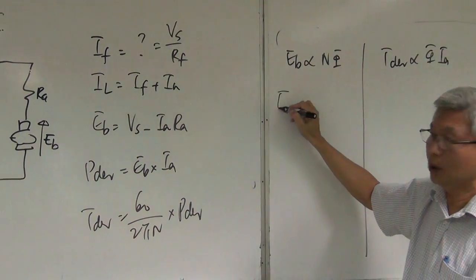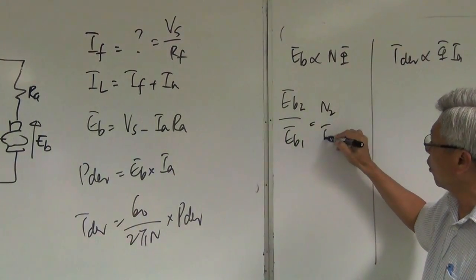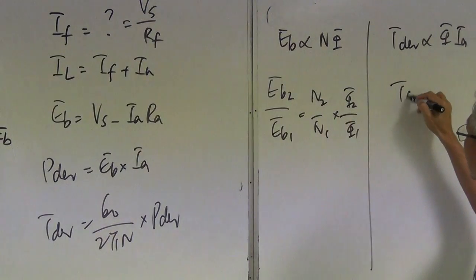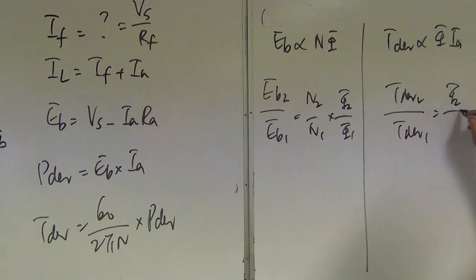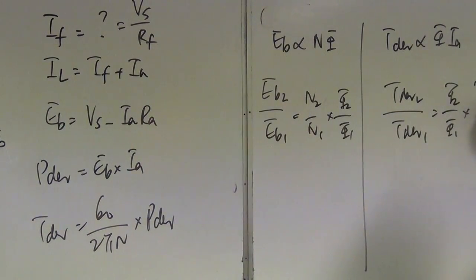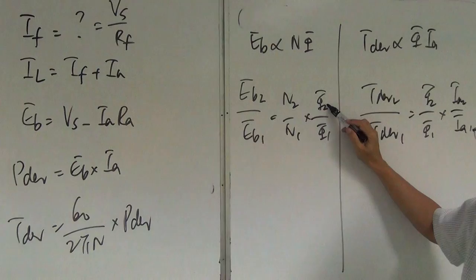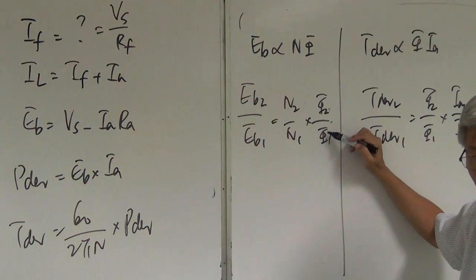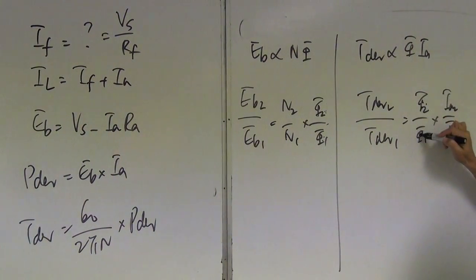Make it into an equal equation. EB2 over EB1 equals N2 over N1 times flux 2 over flux 1. Torque 2 over torque 1 equal to flux 2 over flux 1 times IA2 over IA1. What current are you going to replace the flux with? You replace it with IF. How about here? Same, replace it with IF.